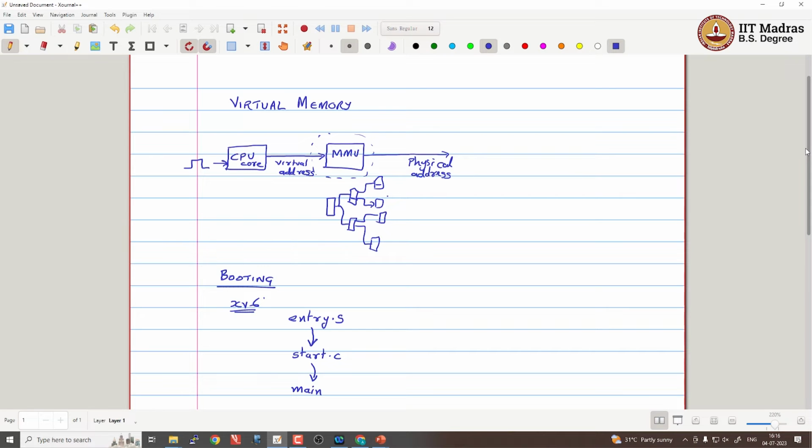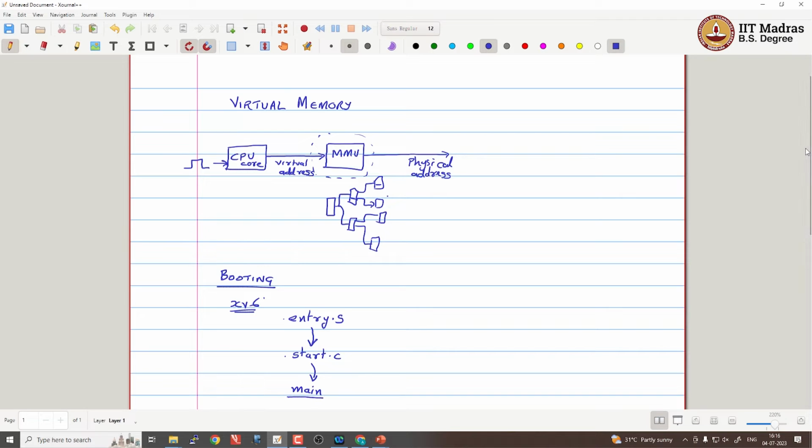The execution from entry.S and start.c is essentially done with the MMU disabled. Therefore, the virtual address is equal to the physical address, and the MMU is not playing any part in it, and the DRAM is directly accessed.